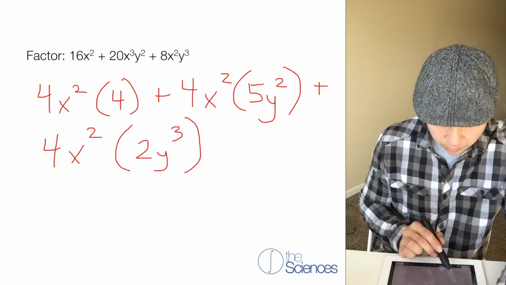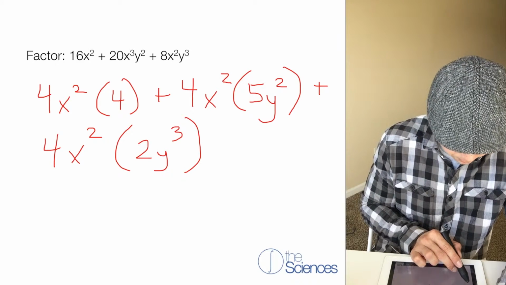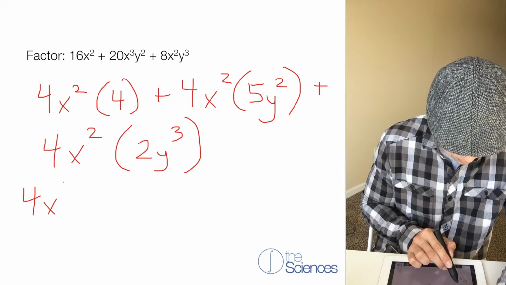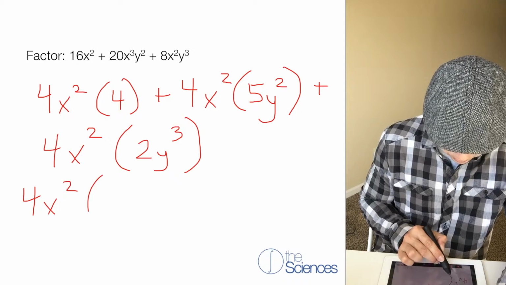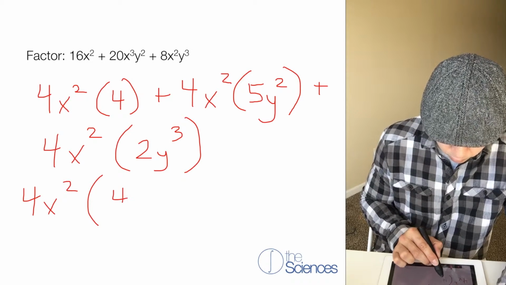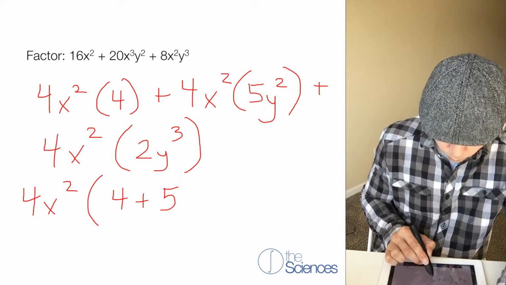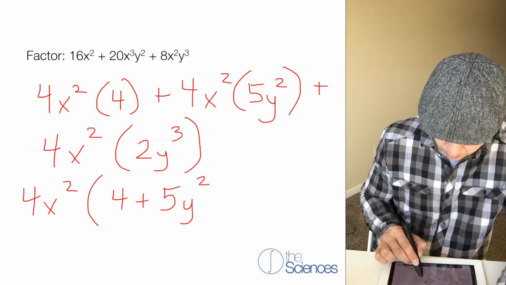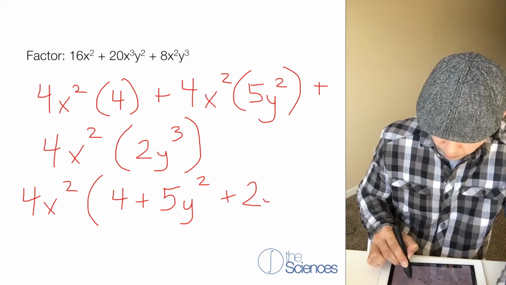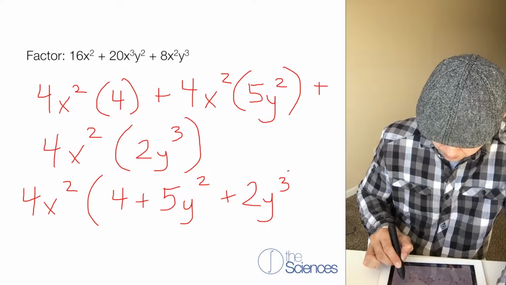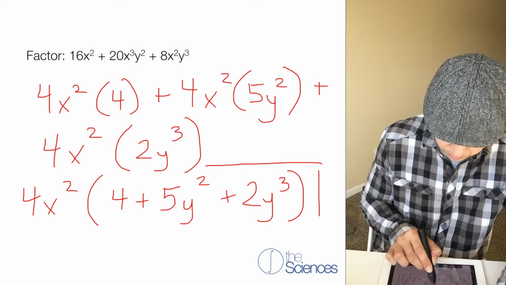Now we can factor out 4x squared y times 4 plus 5xy squared plus 2y cubed. So that's our answer.